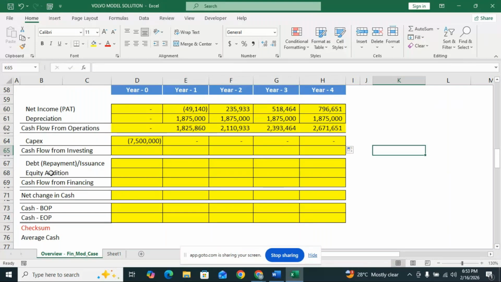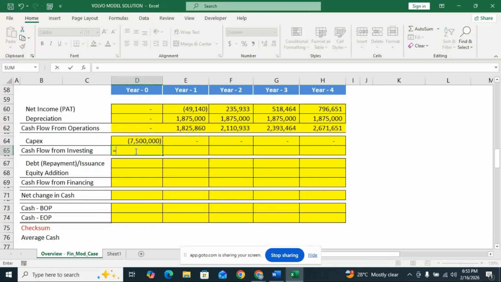That's it. So what is the net cash flow from the investing activities? Just the above part, equals to this. That's all.